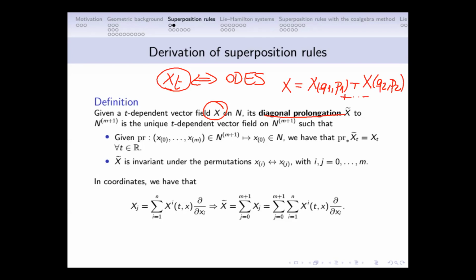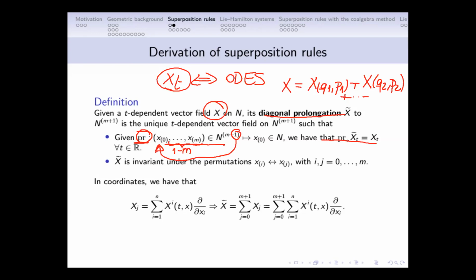That's the diagonal prolongation. And of course, it fulfills that when you project the diagonal prolongation. Here I have a 1 because I put the 1 for the base system that I have, okay? And it starts from 1 to m, the number of copies. So if I project it, of course, you obtain the initial dynamics.